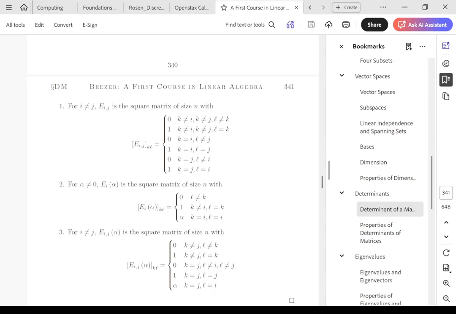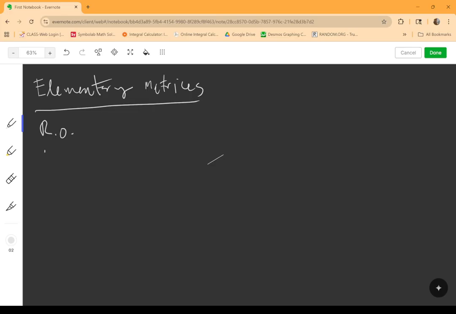Okay, so here, talking about elementary matrices. Keep in mind that these are here to represent our row operations. We have three valid row operations. The first, we can swap rows.